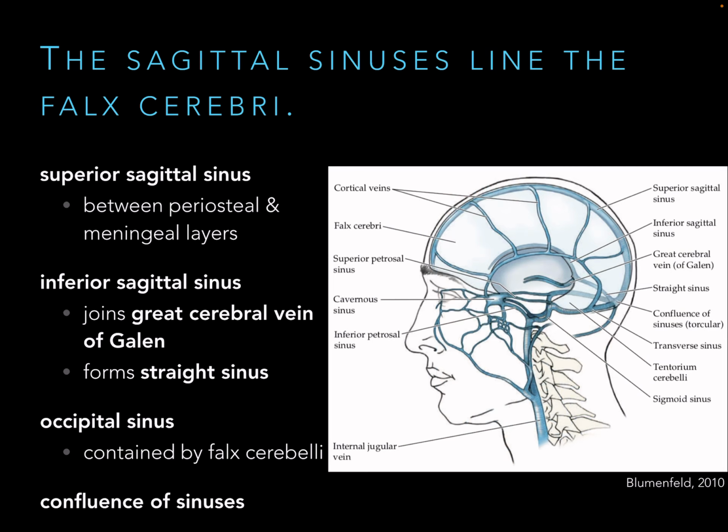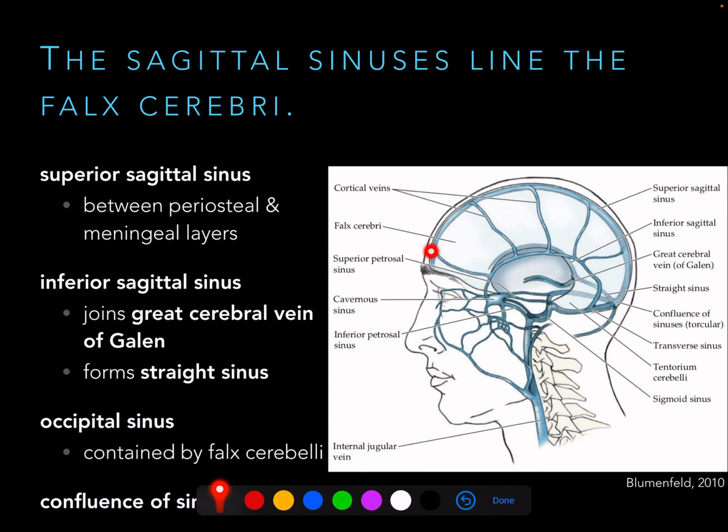All right, let's go through our sinuses. The superior sagittal sinus is created by the separation of the dura on top of the brain. So the two cerebral hemispheres, tucked between them, we find the superior sagittal sinus. The inferior sagittal sinus is found below there.